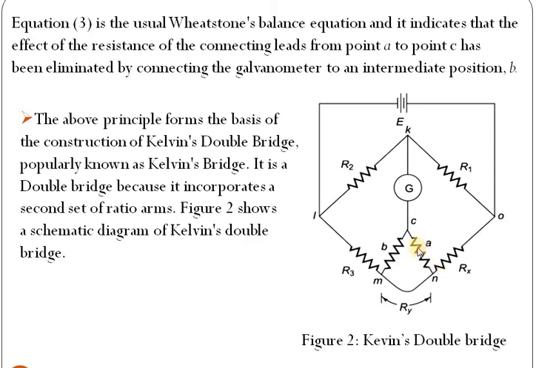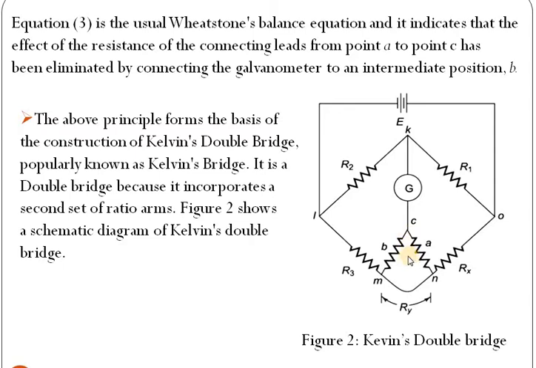In between N and C, we connect a resistance small a. So the resistances small b and small a will form the second set of resistance at the galvanometer.